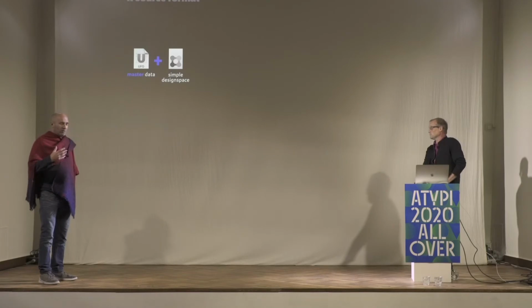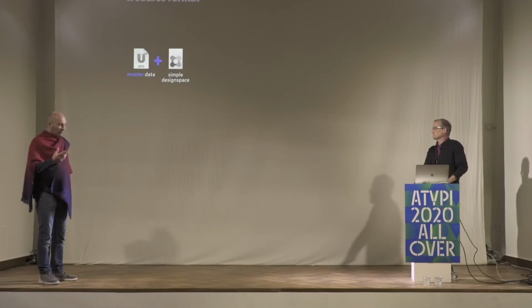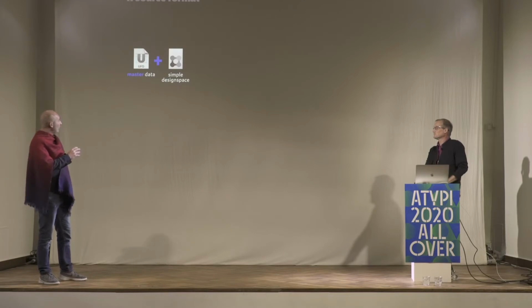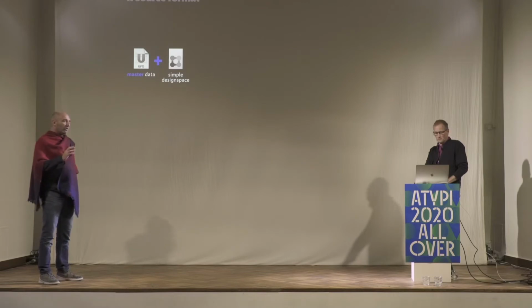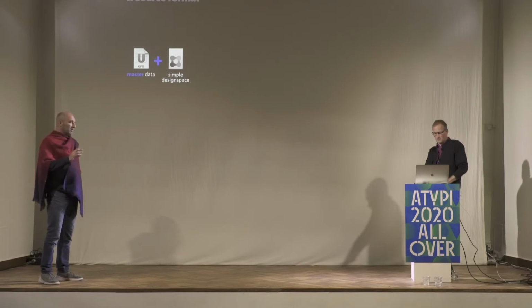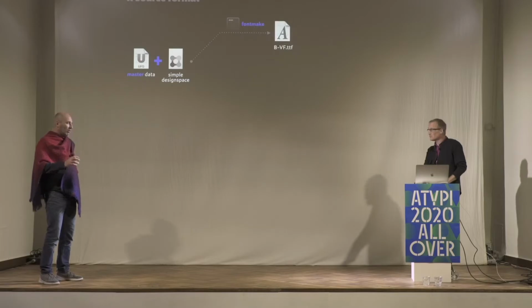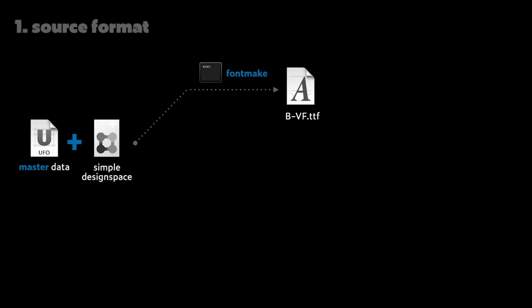So instead of that, we thought of a new way to create it, just because it was required. And so we created a kind of master UFO file in which all information was built inside, which was required to generate the final font.